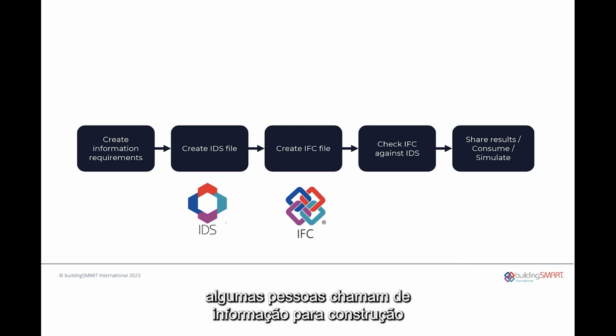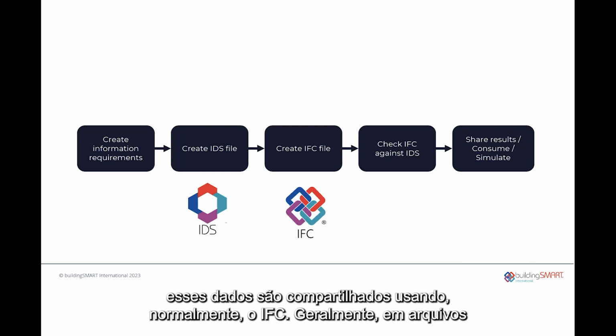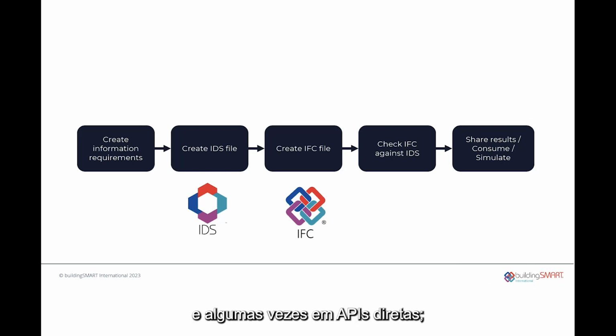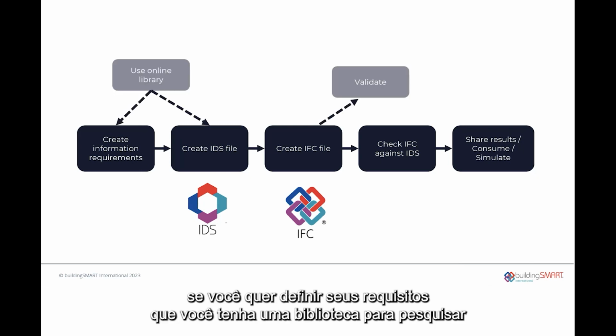Some people call it Information for Construction. So this data is being shared using IFC, usually in files, sometimes via direct APIs. What also comes in handy if you want to define your requirements is that you have a library to search.